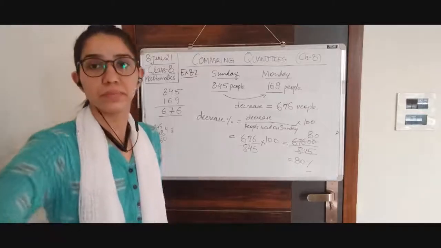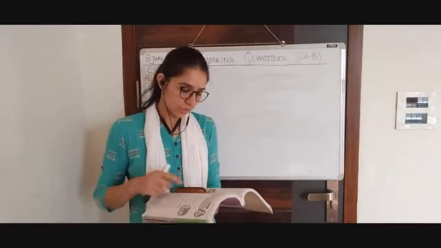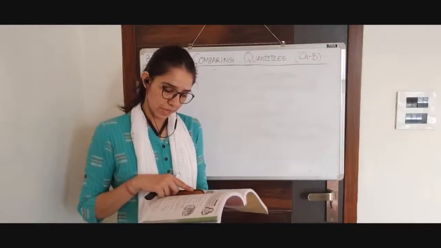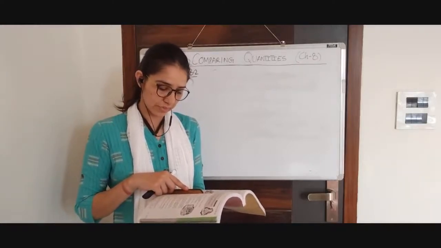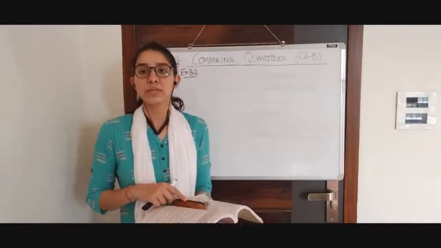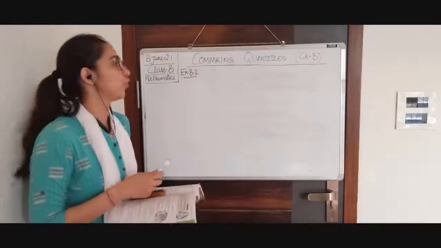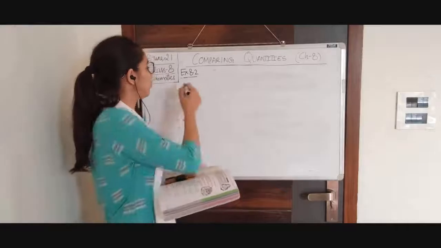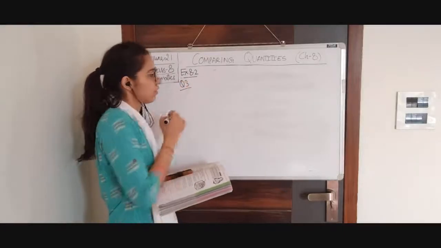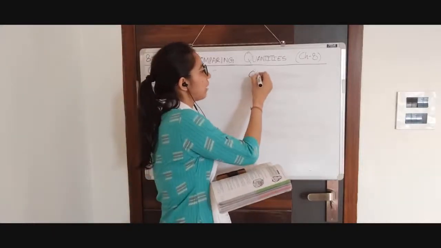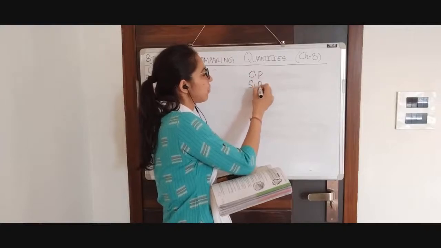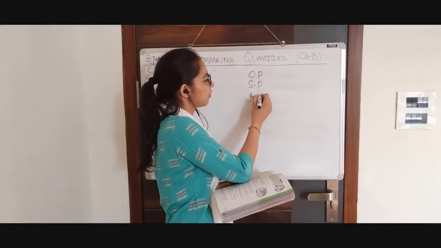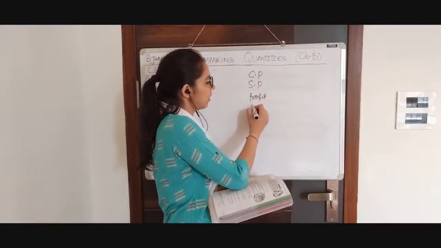Now next question, 4th, 5th and 6th and 7th also is on profit percent and loss percent. Before actually starting with question number 3, we will see what does it mean by cost price, what does it mean by selling price, what does it mean by profit and loss.